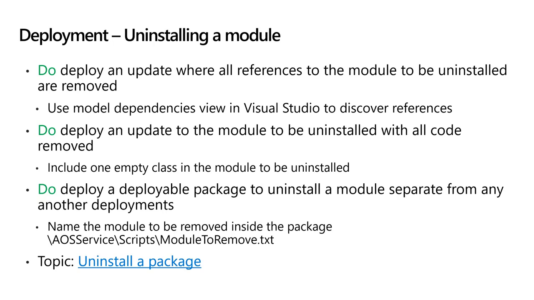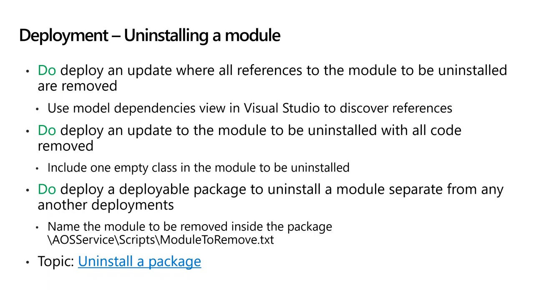Then we recommend that you update the module to be uninstalled with all code removed. So you take all the code out of the model except one class, you build it, then you deploy that small package, and it doesn't reference anything itself.